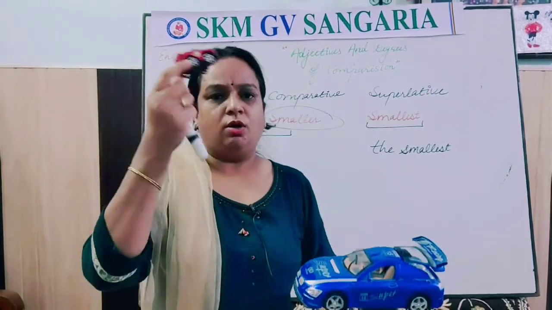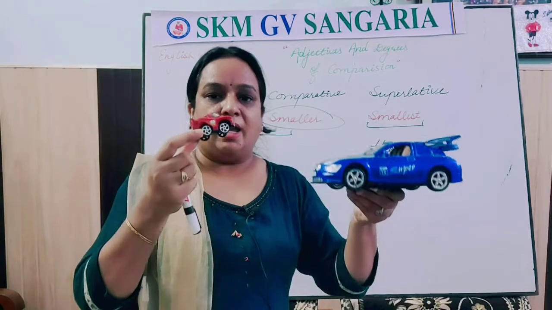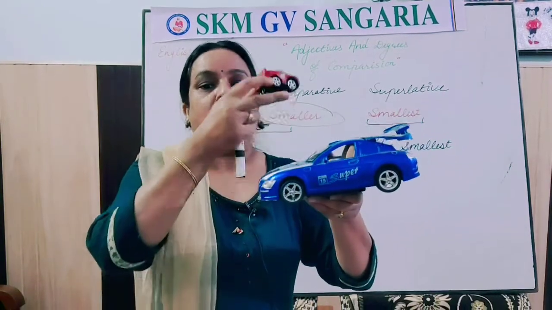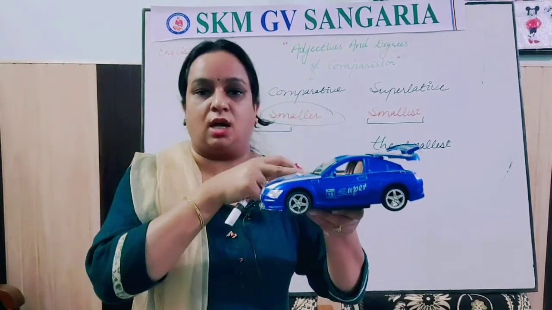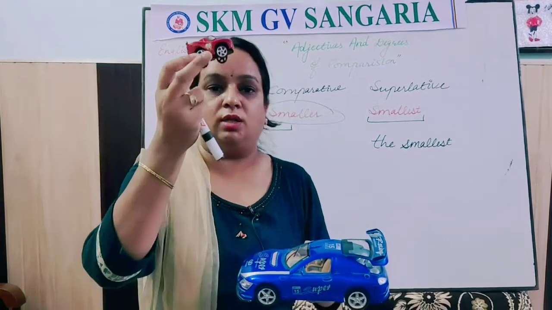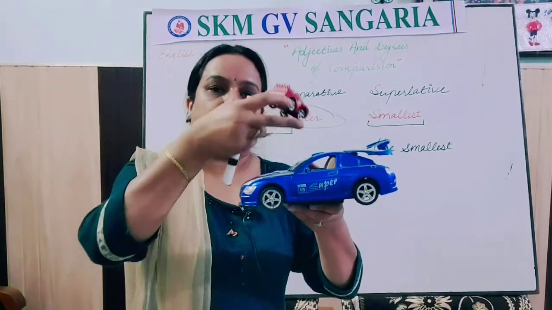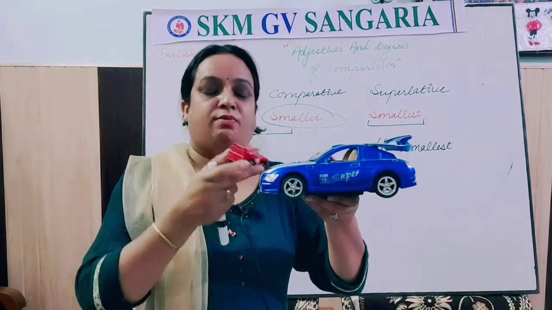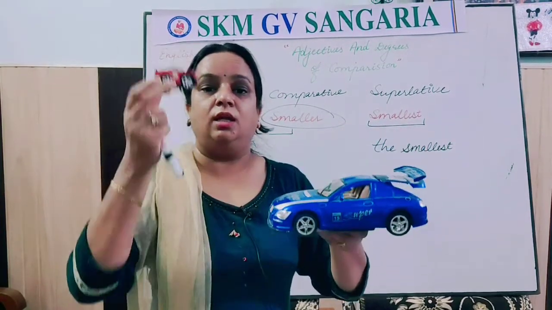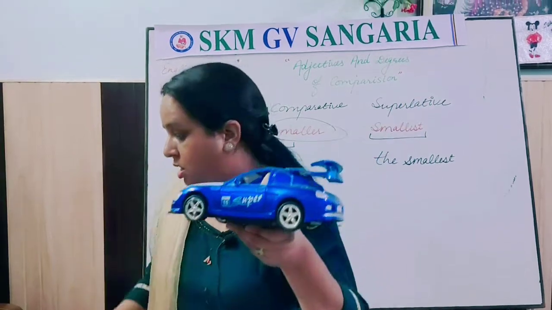If I'm talking about my car, my car is smaller than my friend's car. But if I'm saying my friend's car, my friend's car is bigger than my car, right?